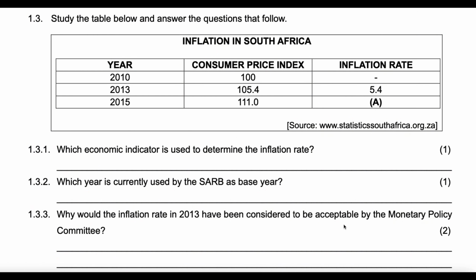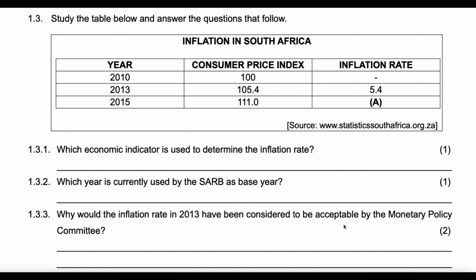That is if the Reserve Bank has not changed it yet to 2020. But currently it's 2015. So if there's a question on that, I would recommend saying 2015. But if you are responding based on the table, which base year was used in the table, that's 2010. That's the one where the weighting is at 100.